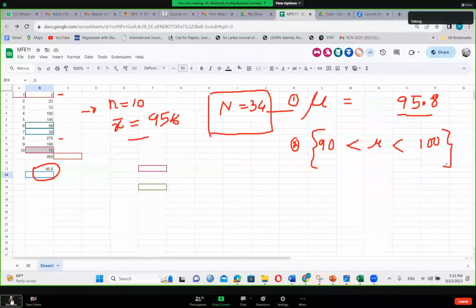My statement is I am 95% confident the population mean is between 90 to 100.